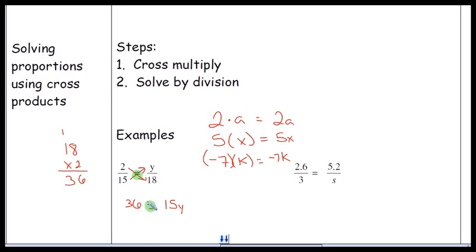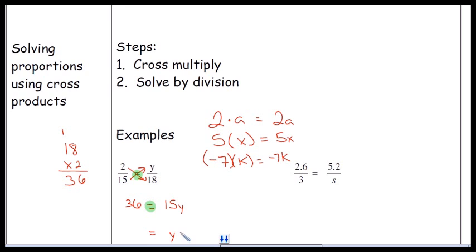Now, look at what we end up with. We end up with an equation. This is called an equation because you have an equal sign in it. So this says that 36 is equal to 15 times y. So whatever this y is going to be, whenever I multiply that y times 15, it has to give me 36. And the only way we're going to find out what that y is equal to is if we get that y all by itself on one side of the equal sign.